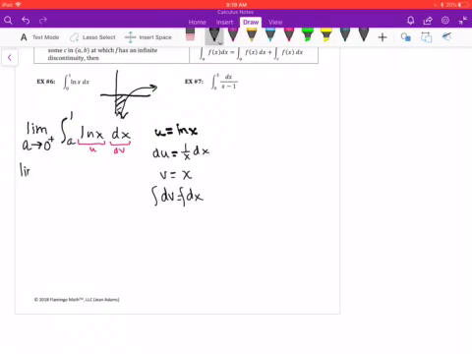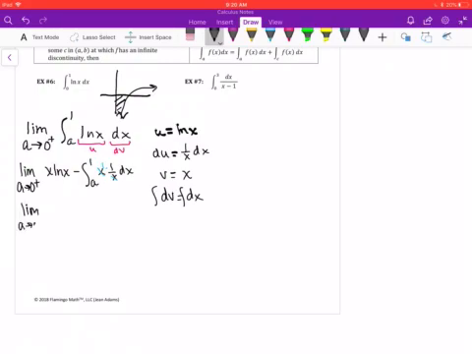And so now that gives us the limit as a approaches 0 from the right. This is going to be u times v, which is our x ln x, minus the integral, and this would still be from a to 1, v du. So this would be x times 1 over x dx. And of course those x's are going to change to 1. So this is just like the integral of dx.